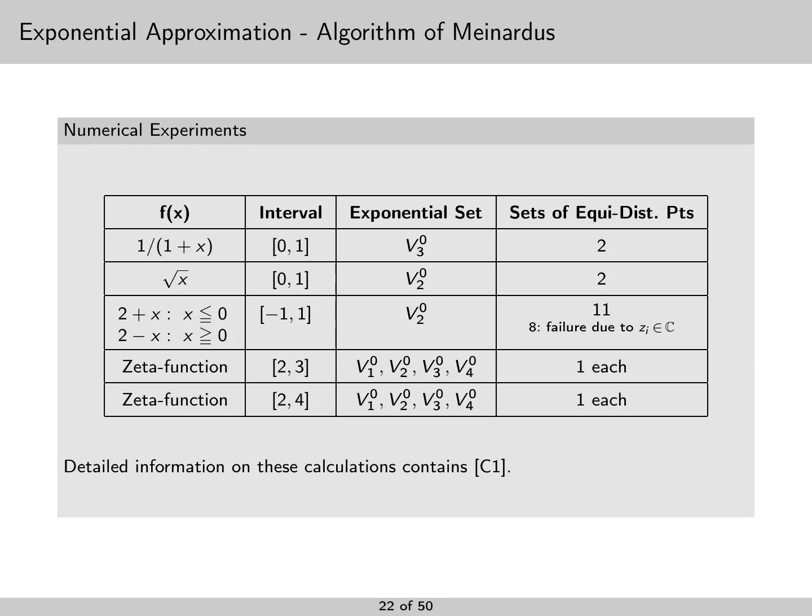The algorithm was successful for only 3 out of 11 sets of equidistant points. The other 8 resulted in failure due to complex zeros c_i. Check reference C1 for detailed information on these applications of the algorithm of Meinardus.